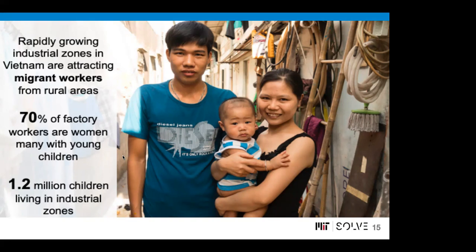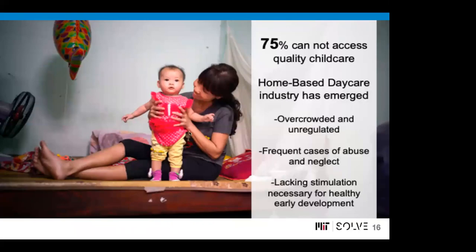And the next slide, please. Many of them cannot access childcare because they either don't have residency status, there's no childcare available because it's overcrowded, or it's just too expensive. So an alternative industry emerged, also often run by migrant women trying to make an income: they're running daycares out of their homes.